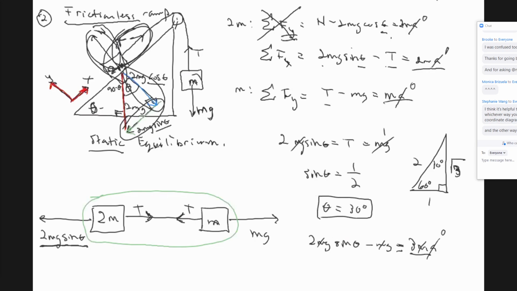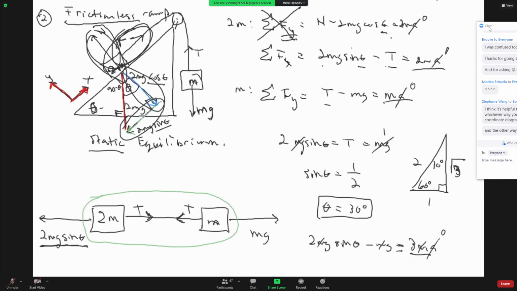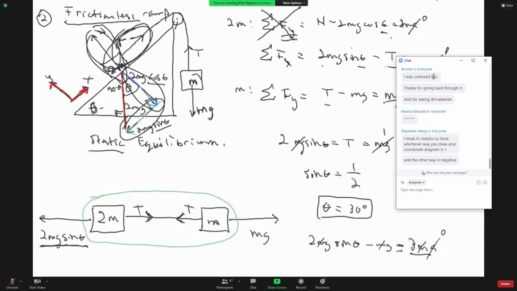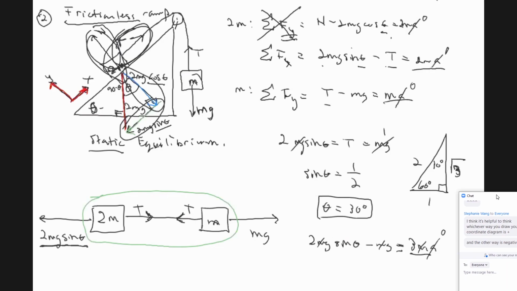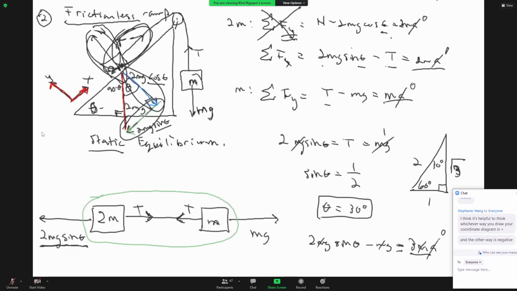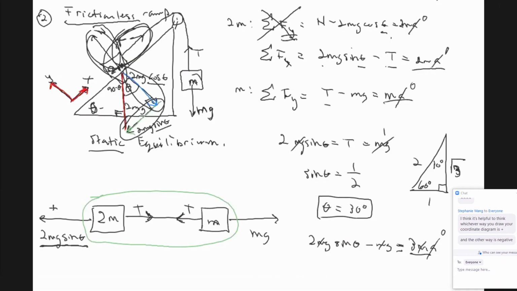To be honest, you get to choose what's positive and what's negative. Just make sure that it's consistent. So notice that I kept the consistency here. I made my 2mg positive, which also made this tension positive. This was negative, which is what this is, and this mg was negative.